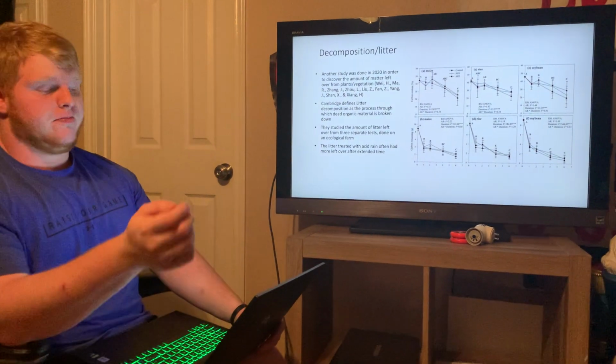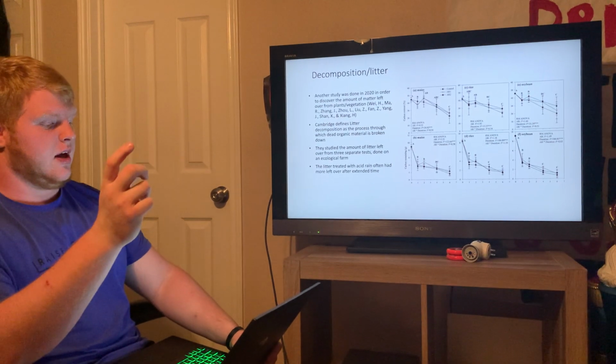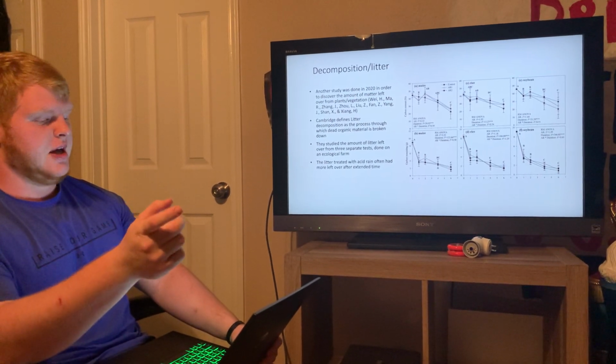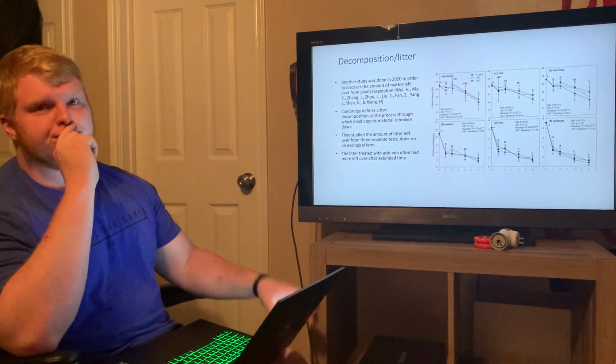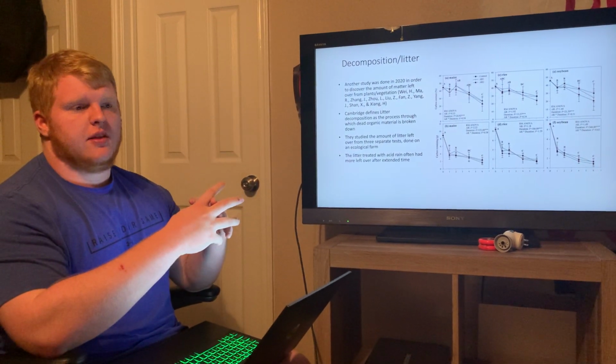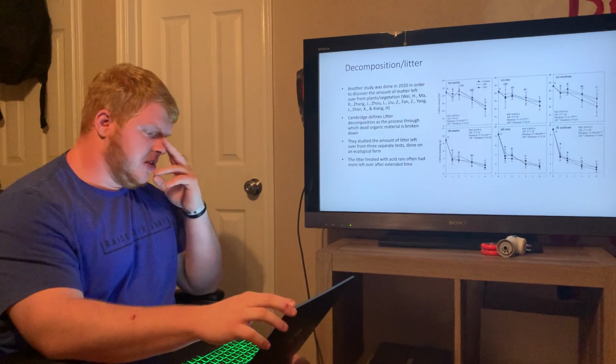Decomposition, litter. Cambridge defines litter decomposition as the process through which dead organic material is broken down. This is done to a point in which it's unrecognizable.